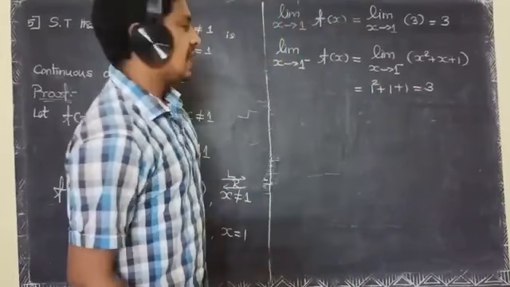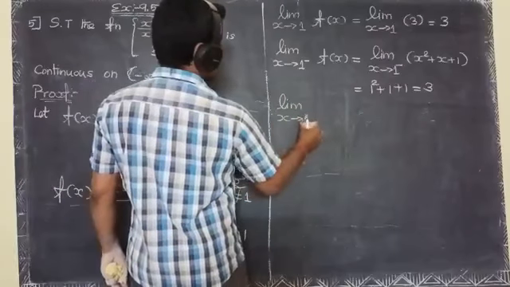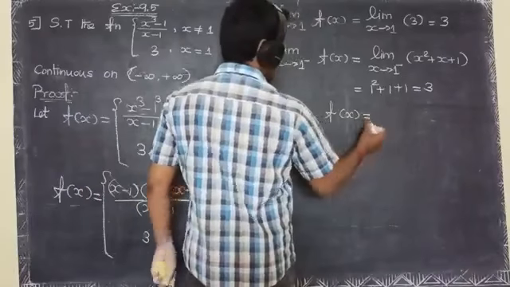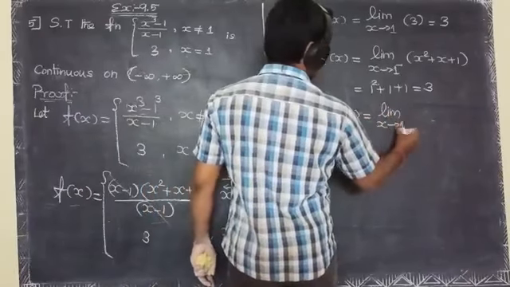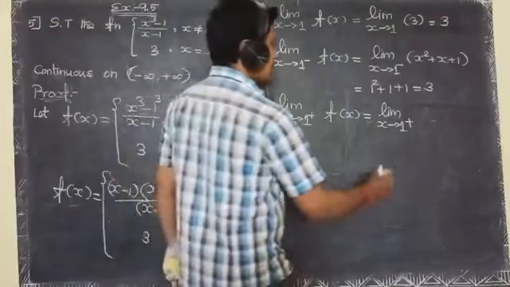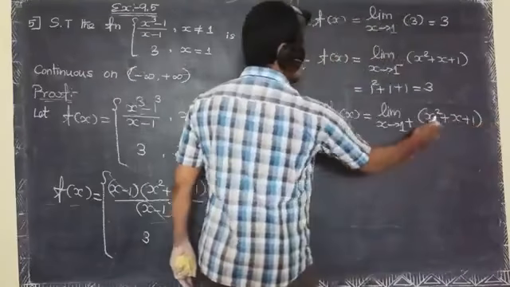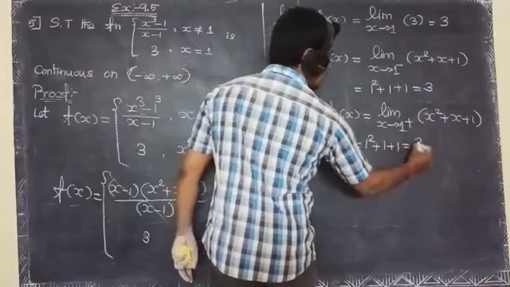Next, to find the right-end limit, x approaches 1 plus of f of x, choosing the function x square plus x plus 1. Replace x equal to 1, that is 1 square plus 1 plus 1, which is equal to 3.